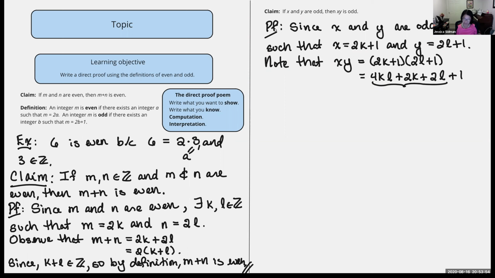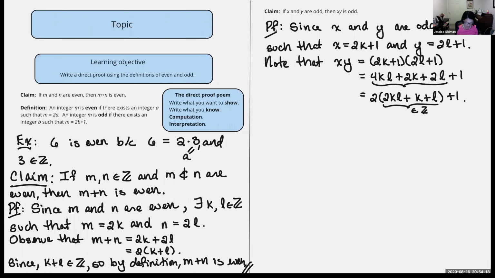So I'm going to factor it out. And so for my next step, I'm going to write 2 times (2kl plus k plus l plus 1). And I'm going to put a period there, right? Because what I see here is that this is an integer.